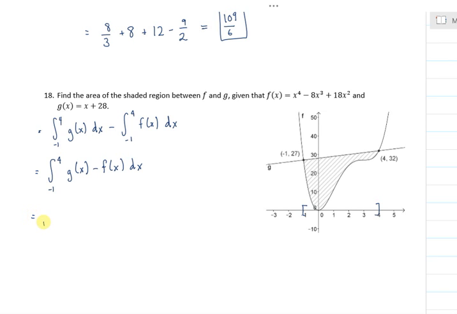So that's the integral from -1 to 4 of x plus 28 minus x to the 4th plus 8x cubed minus 18x squared dx. Notice when I subtracted, I distributed that subtraction, so that's how I got a plus here and a minus here.